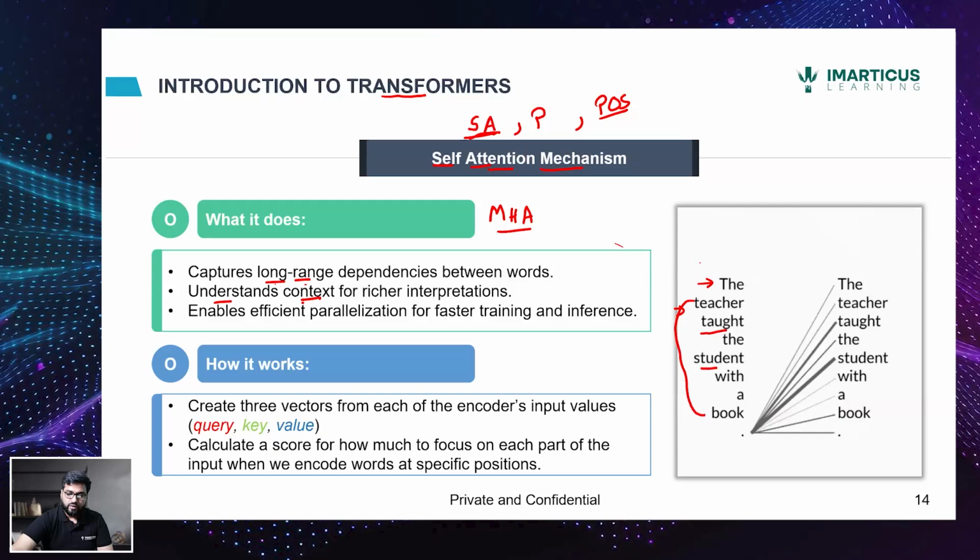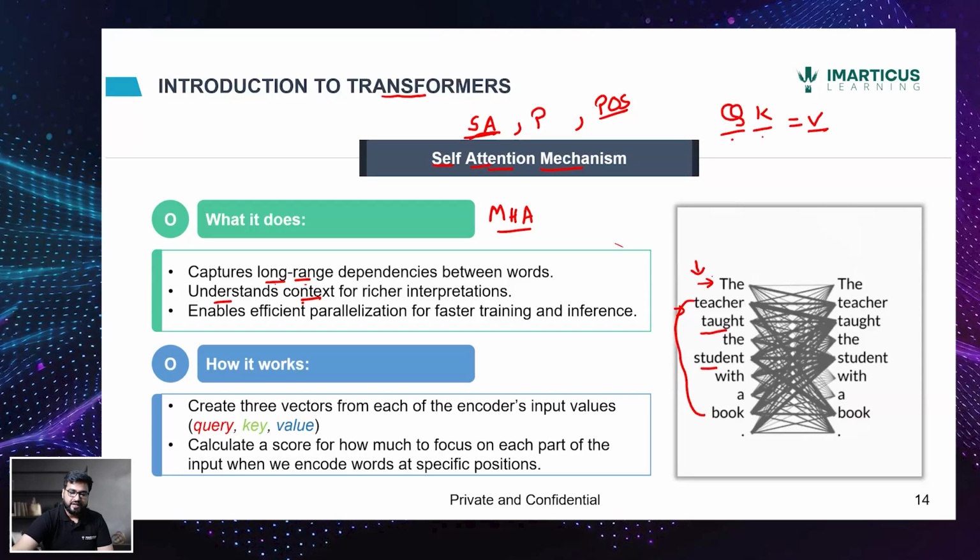So to break it down, for the transformer architecture to work, the self-attention mechanism breaks down each word into query and key. Based on this query and key, it is going to calculate the value for us. So when we say query and key, given this sentence, the teacher taught the student with a book, the first word in the sentence, the, becomes the query for us.